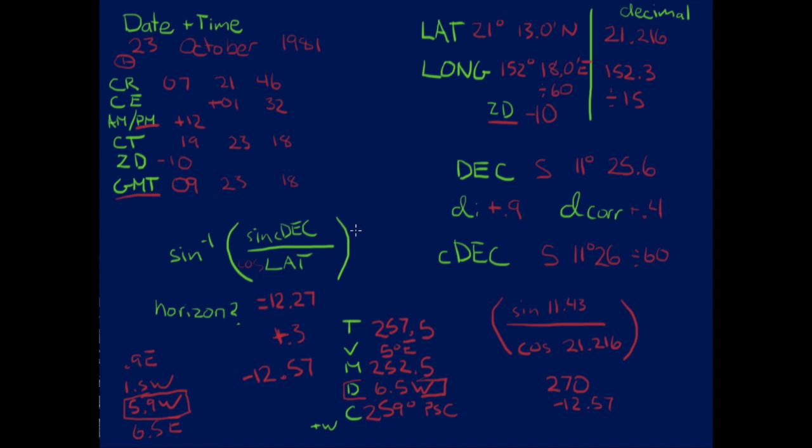Now, like I said, this is a little different than how you actually do it. Sine of the declination divided by the cosine of the latitude is a simplified version of it. Technically, it should be sine of the declination minus sine of the latitude times sine of the elevation. Elevation for the difference between celestial horizon and visible horizon, I believe is negative 0.7.